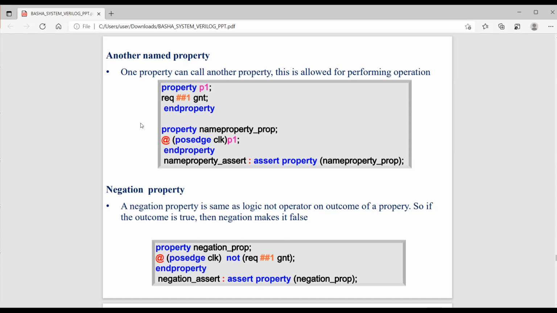Yes, ma'am, it is also tool specific. These assertions are written by us only.